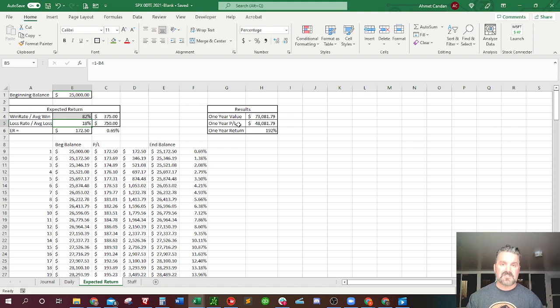A bear call spread, I'm looking for a delta on the short leg anywhere between a 4 and a 6. So right then and there, my probability of profit is somewhere around 92 to 94%, right off the bat, because I'm so far out of the money.